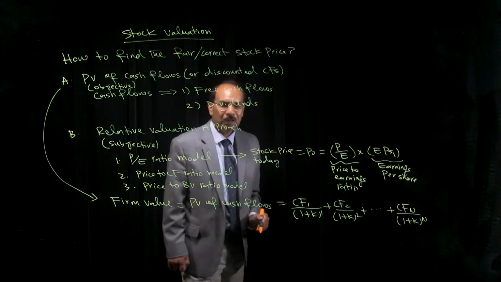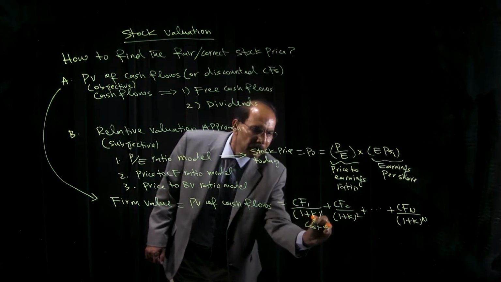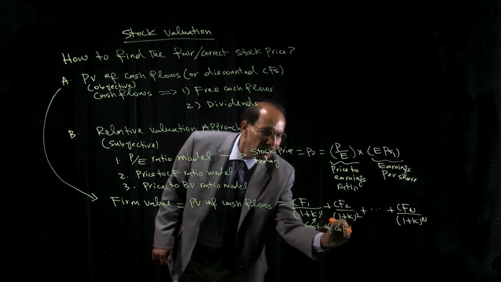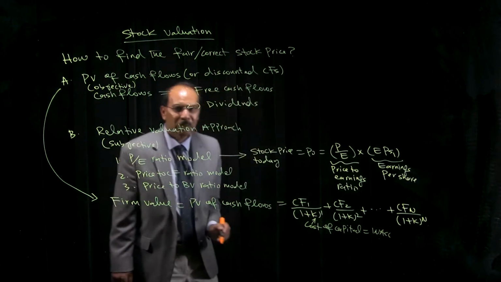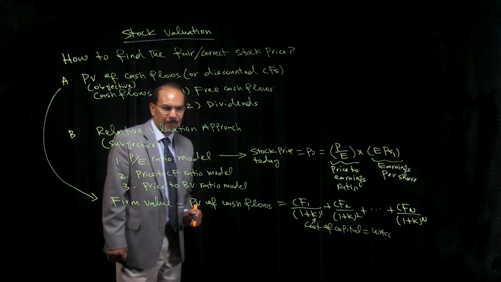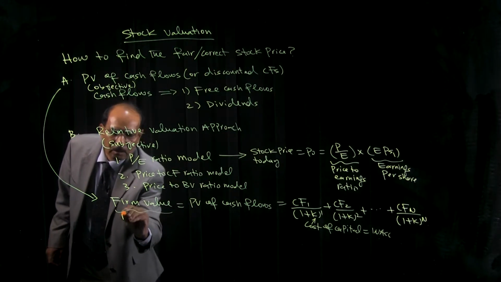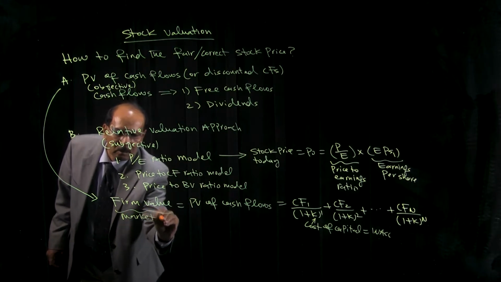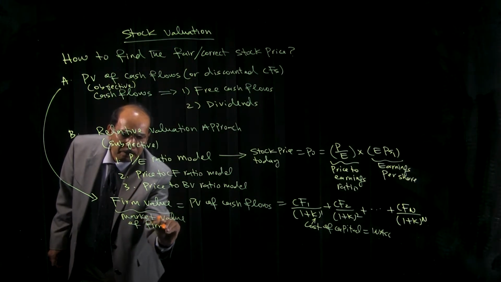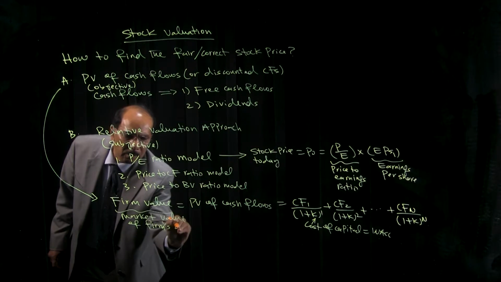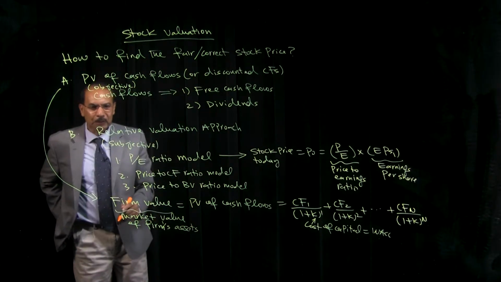So CFs are the cash flows, and this is our cost of capital, or WACC, something you have learned previously. So this is going to be the market value of the firm's assets.